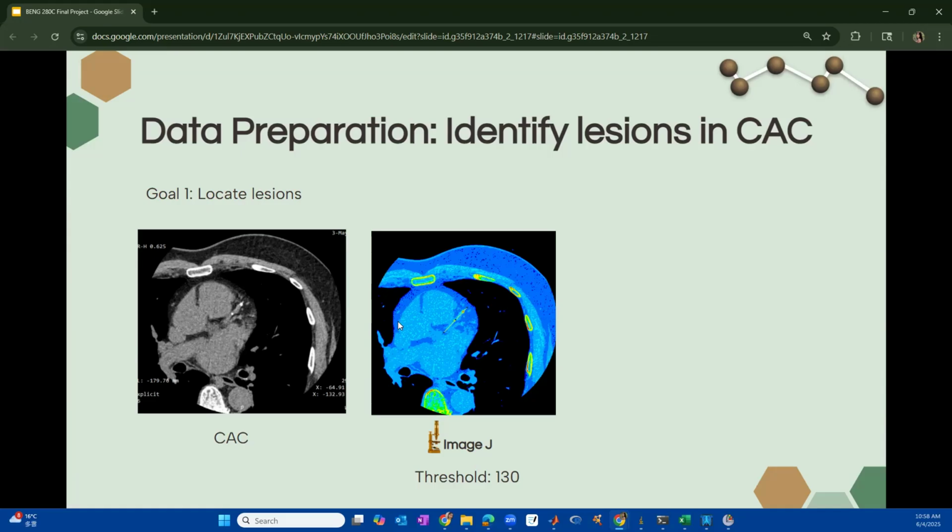Then we applied a threshold of 130 Hounsfield units, which is the standard cutoff for detecting calcification. Anything above 130 shows up as white, and everything below turns black, so the calcium stands out really clearly. We also tweaked the window level to center it around the calcium range, so we could really focus on those lesions and capture them accurately.